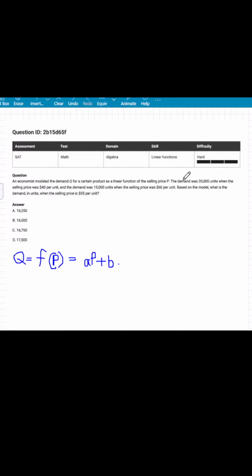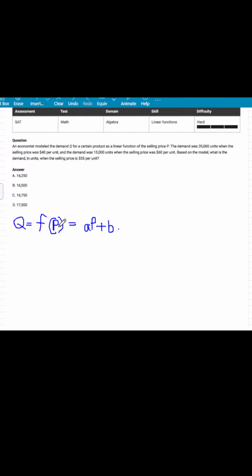So now we are given two data points, which is the demand was 20,000 units when the selling price was $40. So when P is 40, Q is 20,000. So we can write this as 20,000 is equal to P is 40, so it will be 40A plus B. And the second data point is that 15,000 was the demand when the price was 60.